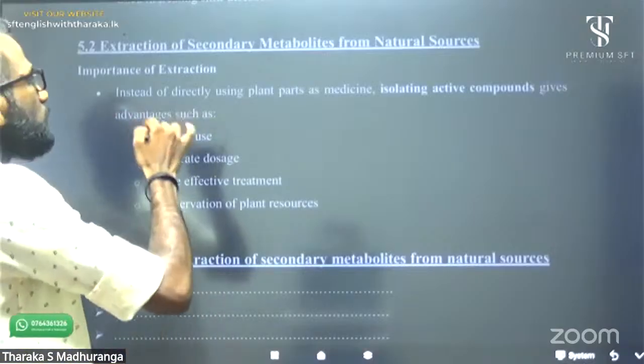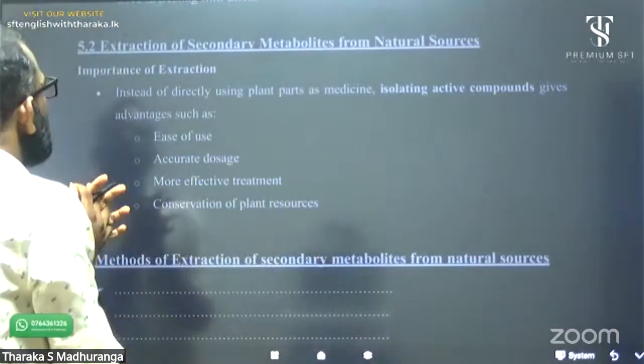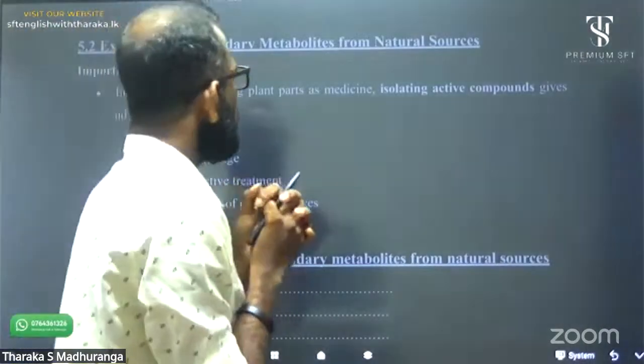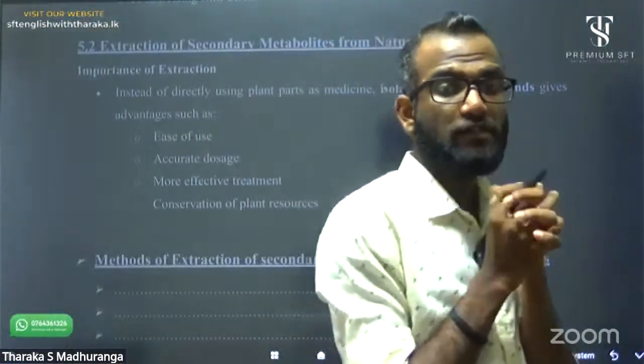Importance of extraction, instead of directly using plant parts. We already discussed that.